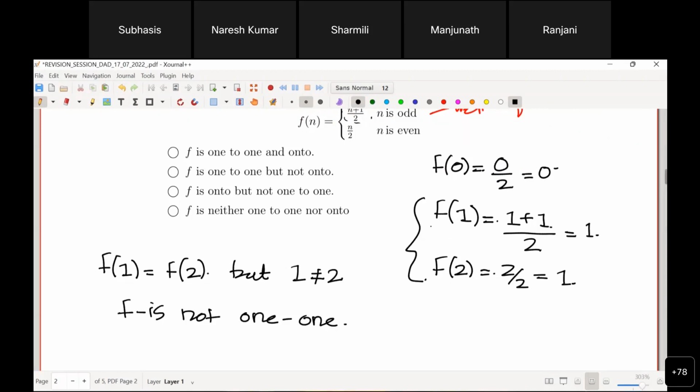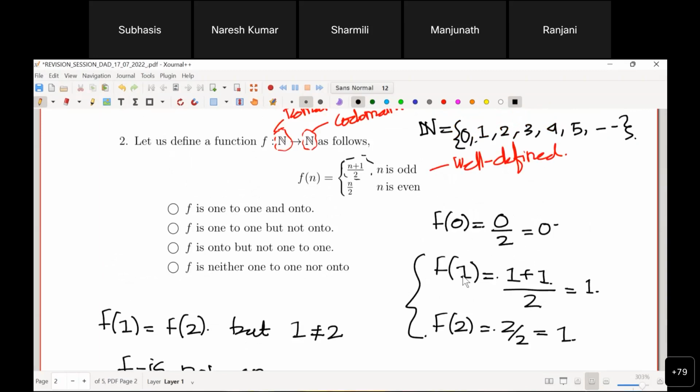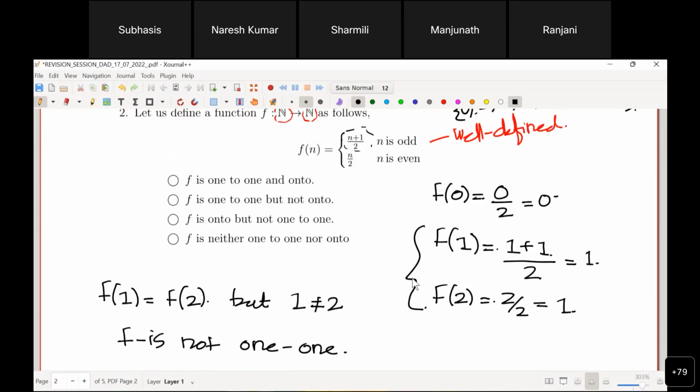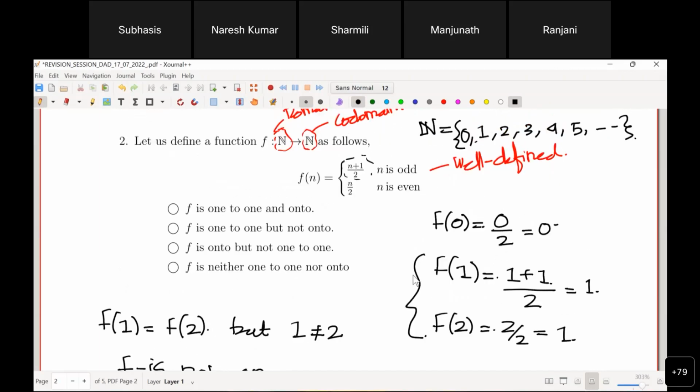Is it clear why this function is not 1-1? Because we can actually write down two elements, and the image of both elements is the same, right? Okay, so we can say that this map is not 1-1. So the next thing we need to do is check whether this map is onto or not.